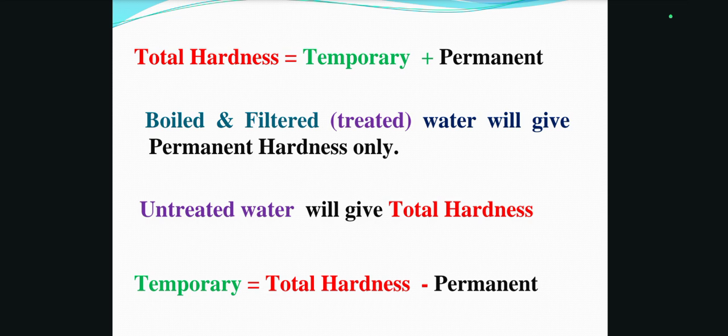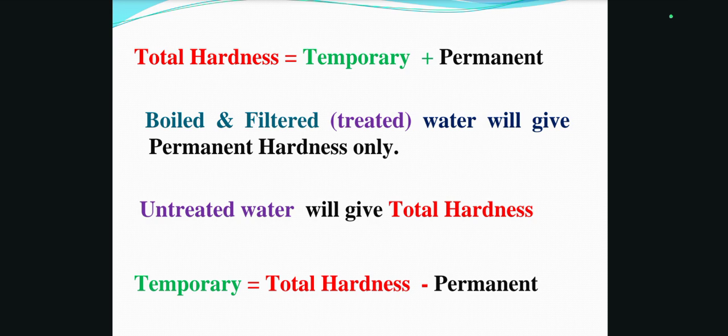So simply, you boil the normal water sample, and after boiling, filter it. After filtration, temporary hardness gets removed, or it is left behind on the surface of the filter, and only permanent hardness causing chemicals will come out along with the water, while temporary hardness causing chemicals are left behind on the surface of the filter paper.